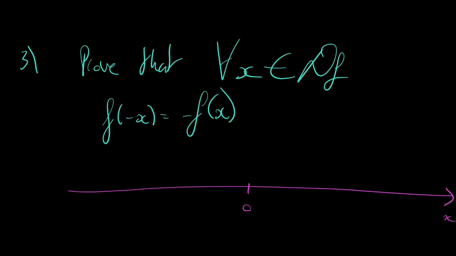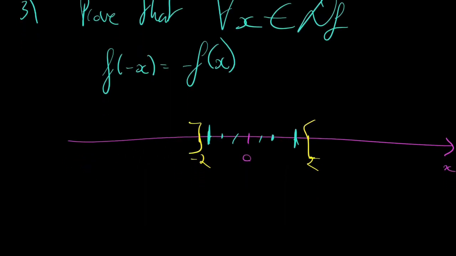We know that we are defined between minus 2 and 2, both excluded, and so every minus x has an x in the domain of definition. And this is a very good start. And if my x is negative, I still have an x in the domain of definition on the other side of 0. So perfect.